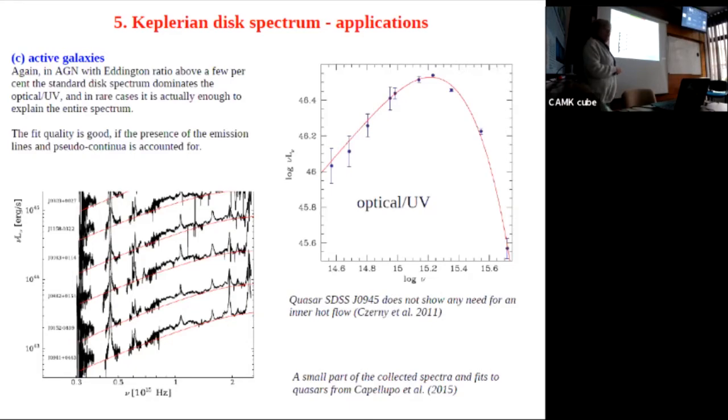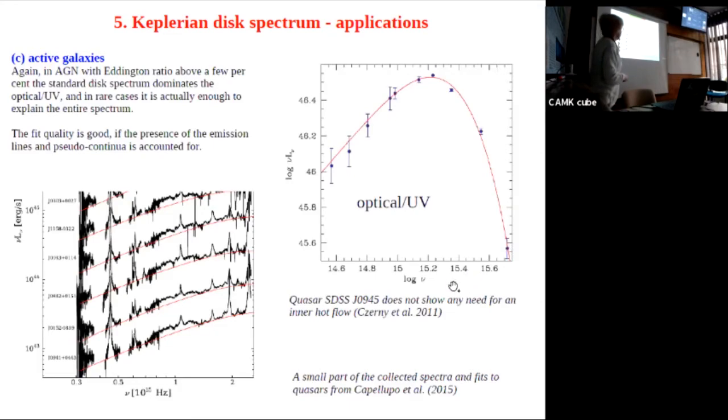In the case of AGNs, again, in some cases it works really very nice. This is the spectrum on which we published a paper in 2011. This is only the optical UV spectrum. We don't have X-rays, but we have a point here.